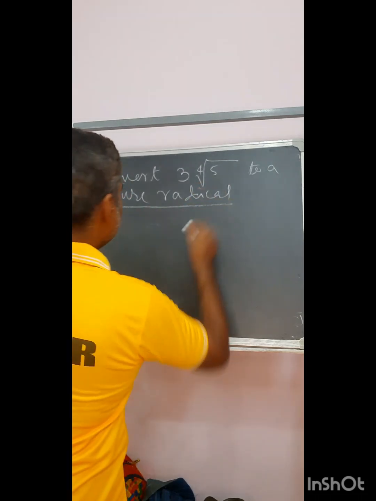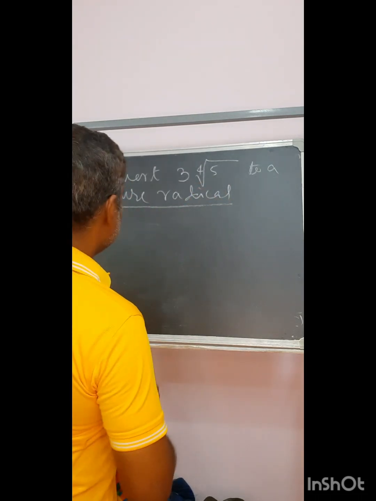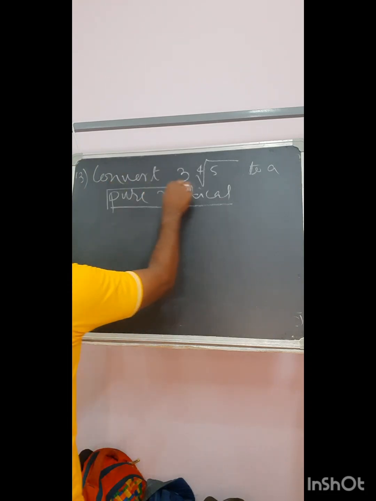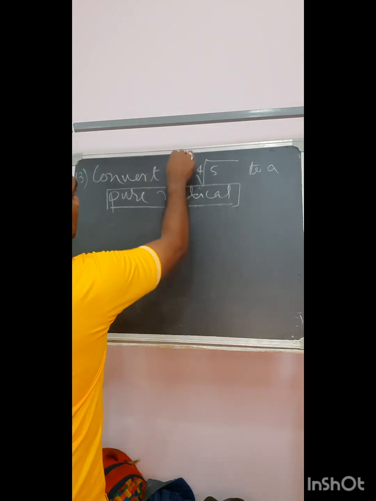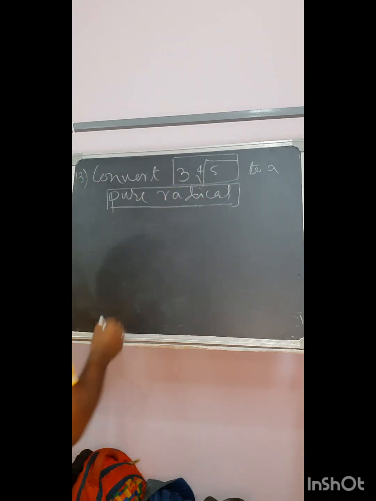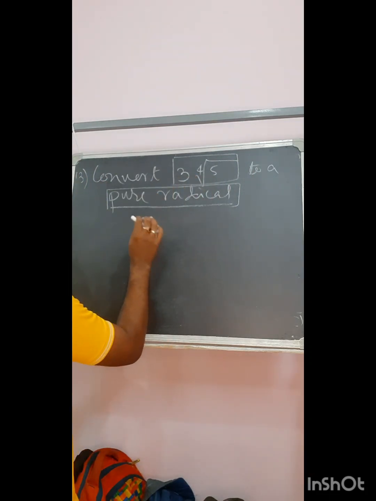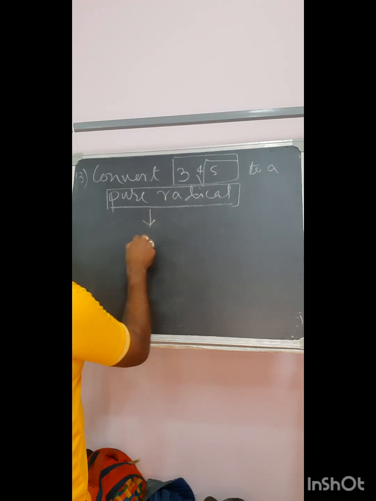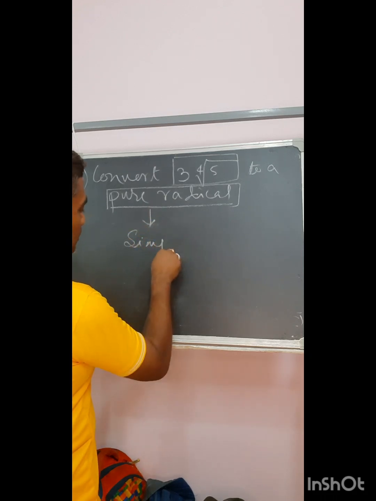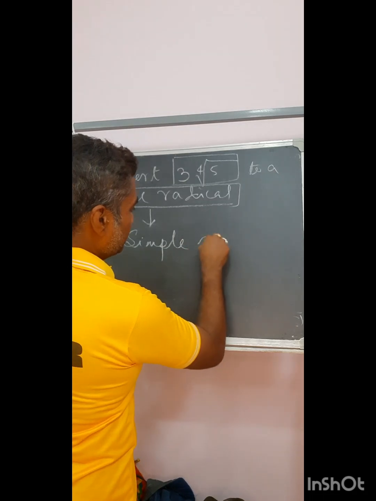This is a term that is new to you. Radical I have already explained. This is nothing but to represent the total number given into a simple surd. That means you have to bring it to the form of a simple surd.